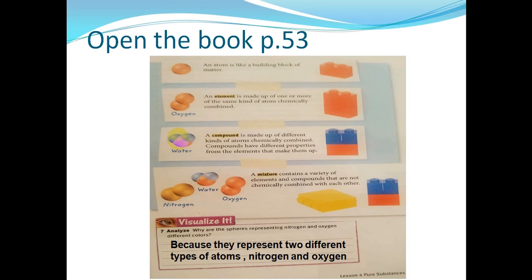In mixtures, the mixture contains a variety of elements and compounds together, and they don't have a chemical bond between them. They form a mixture. Like here, we have nitrogen alone, and water alone, and oxygen alone. They don't have any bonds between each other. The nitrogen doesn't have any bonds with water, and also oxygen doesn't have any bonds with water. In this case we call this a mixture, exactly like a fruit salad.